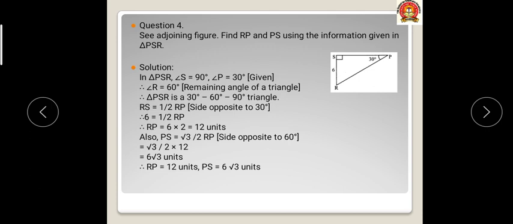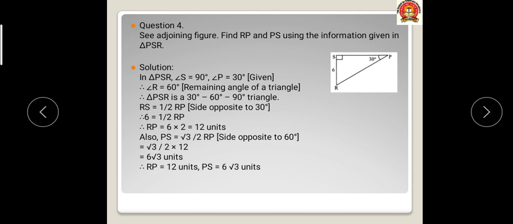Obviously the property of the 30-60-90 triangle. RS is the side opposite to 30 degree, so this side is half of PR. So RS is equal to half of PR. RS is 6, half of PR. Since 2 shifts to the right side, you will get RP is equal to 6 into 2, which is 12 units. So PR is 12 units.